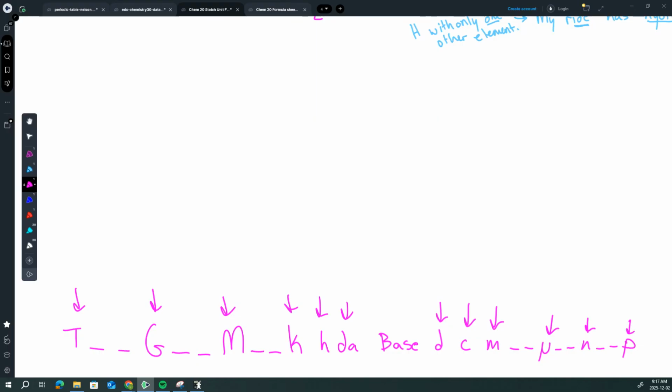Starting on the far left-hand side, T is for tera, G is for giga, M is for mega, K is for kilo, H is for hecta, DA is for deca, D is for deci, C is for centi, little m is for milli, and then this symbol that looks like a U is for micro, nano, and then pico. Okay, base units are just whatever unit does not have a prefix with it. So something like grams, moles, liters, and so on. All of those are base units.